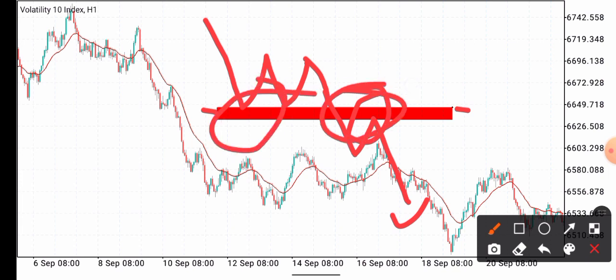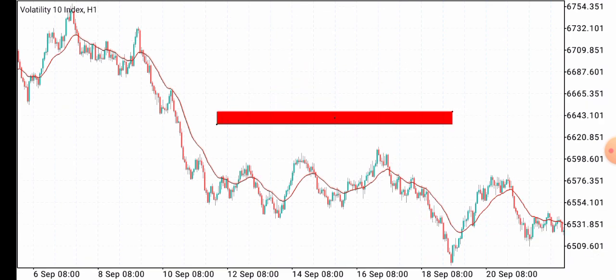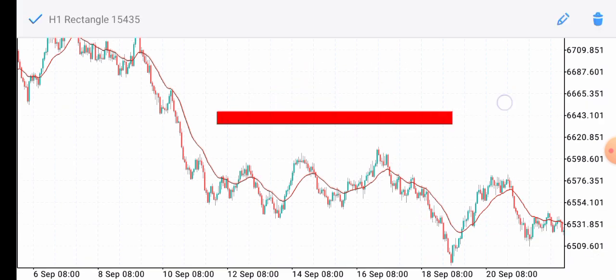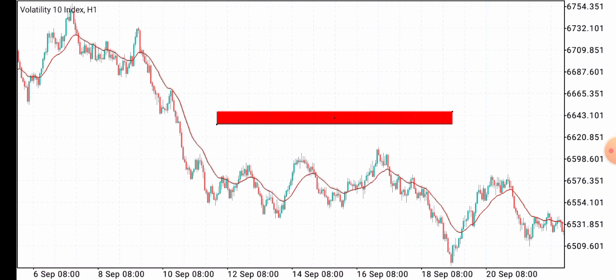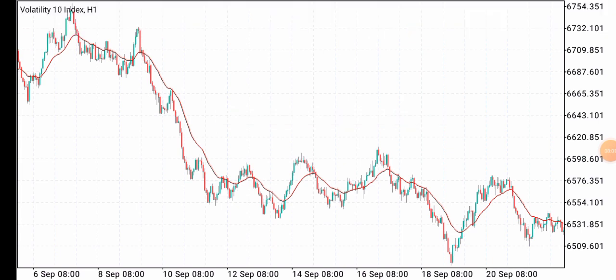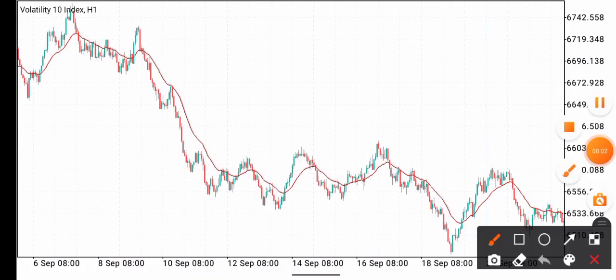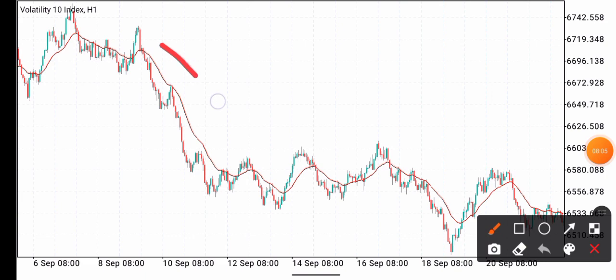This is not about this video, but I just want to give you guys this little tip, to know more about support and resistance. So these are horizontal support and resistance. Basically, this moving average acts as support and resistance.